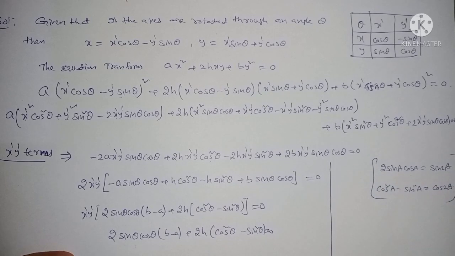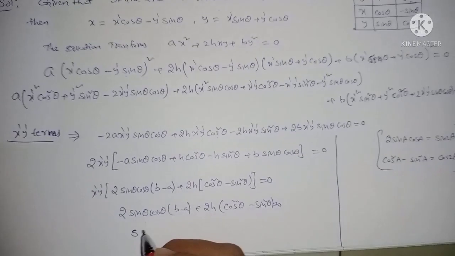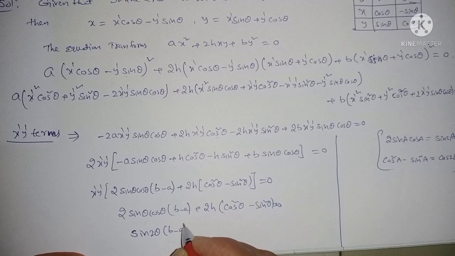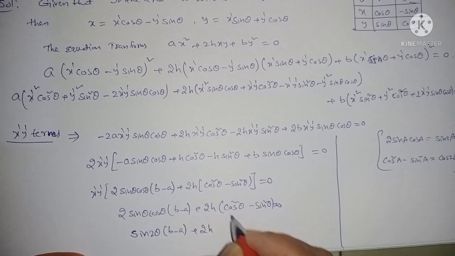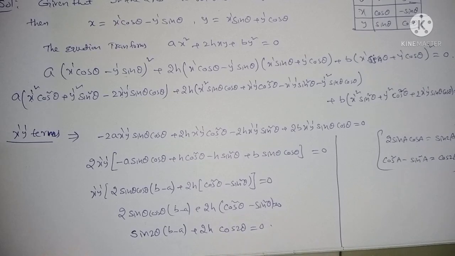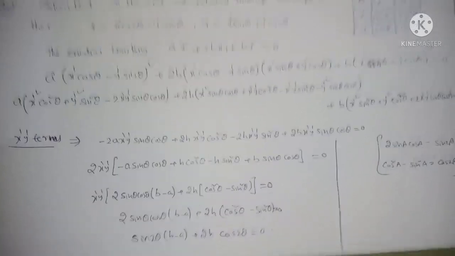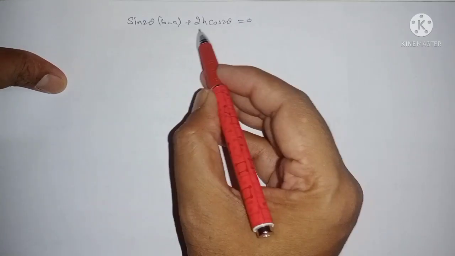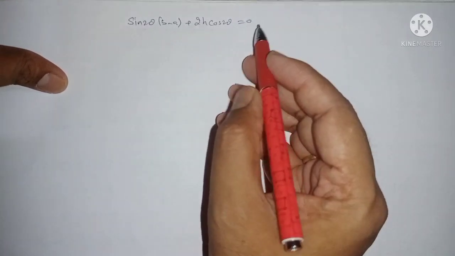What happens is sin 2 theta (b minus a) plus 2h (cos square theta minus sin square theta) is equal to, right here, cos 2 theta is equal to 0. We got here sin 2 theta into (b minus a) plus 2h cos 2 theta is equal to 0.